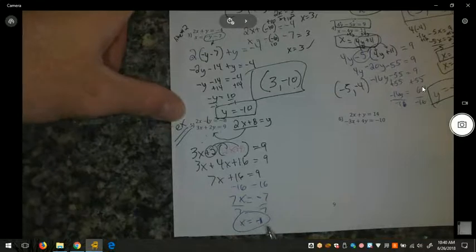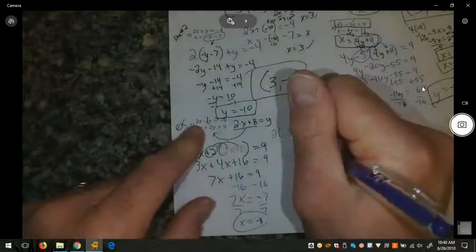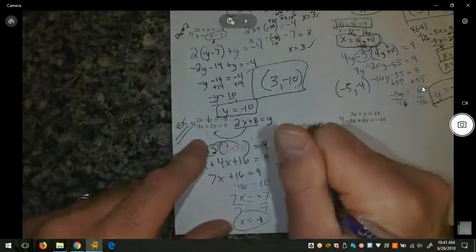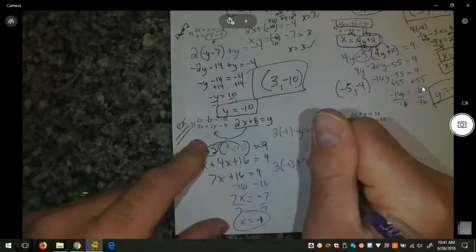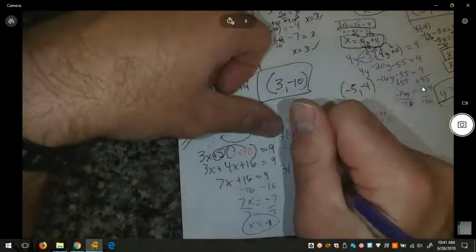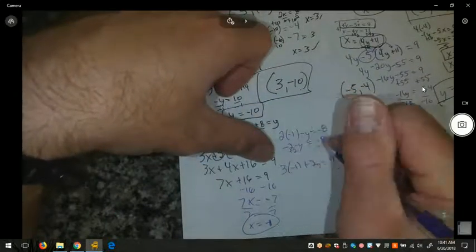When x is negative 1, we're going to plug that into both equations. 2 times negative 1 minus y equals negative 8, and 3 times negative 1 plus 2y equals 9. Here, that's negative 2 minus y equals negative 8. I'm going to add 2 to both sides.